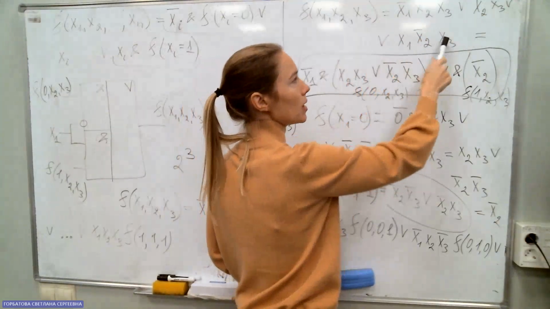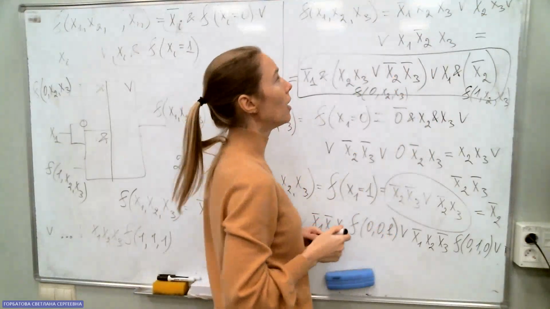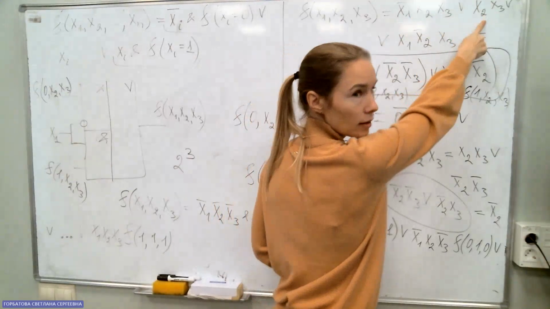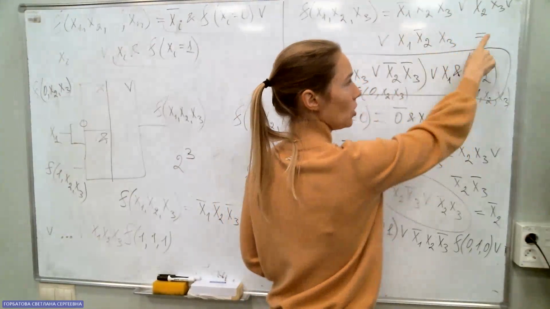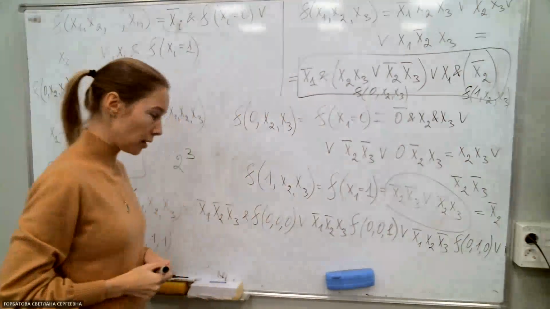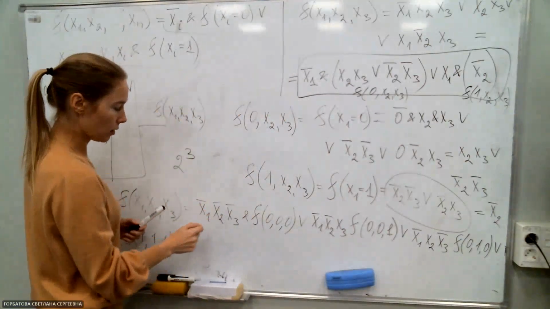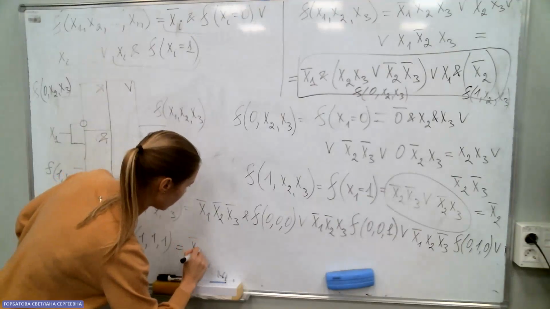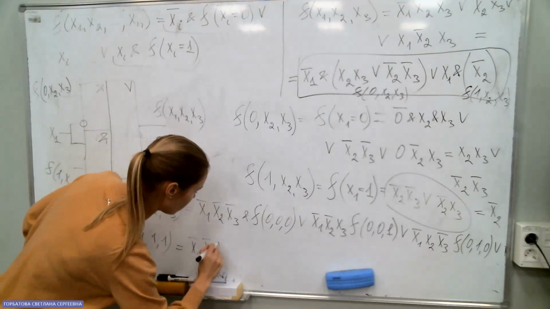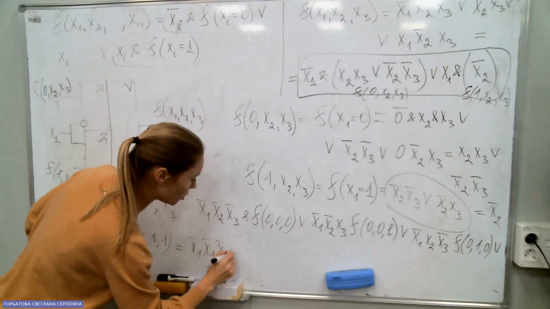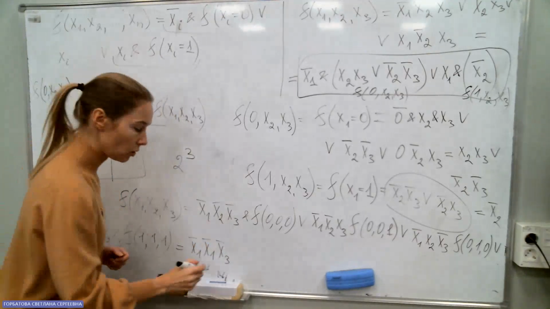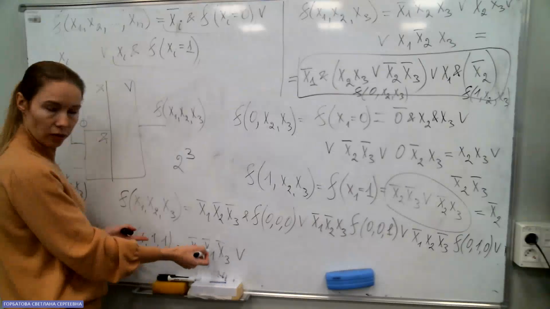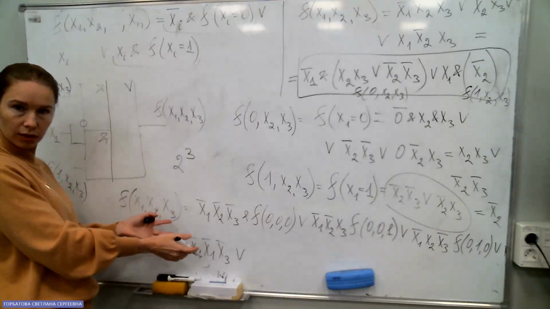What will be the result? They are all zeros, so it is 1. So the result will be not x1, not x2, not x3, conjunction 1, which means this expression will stay here.